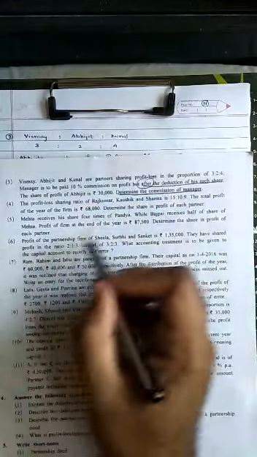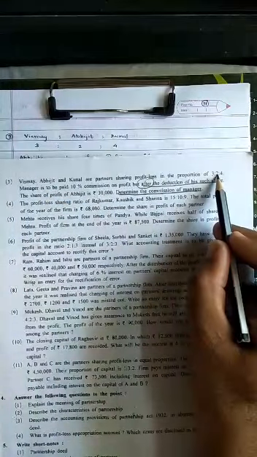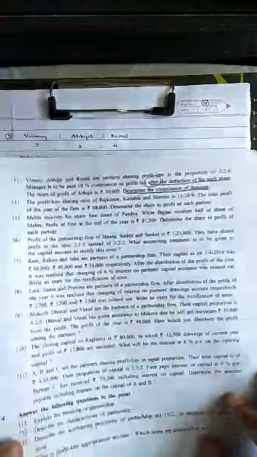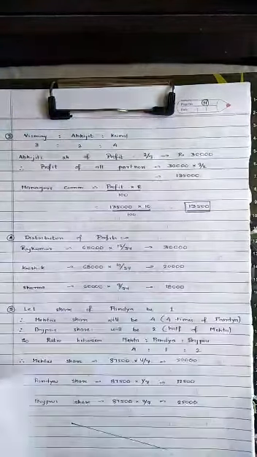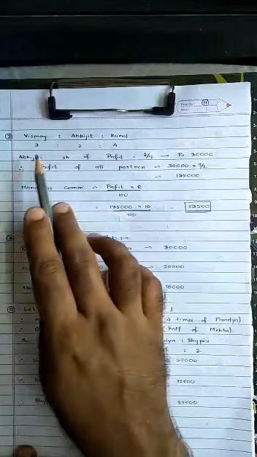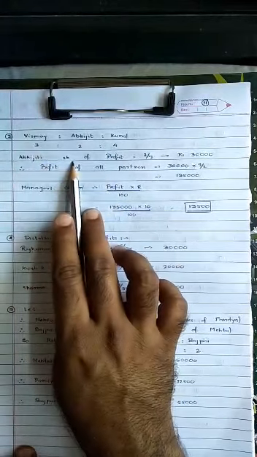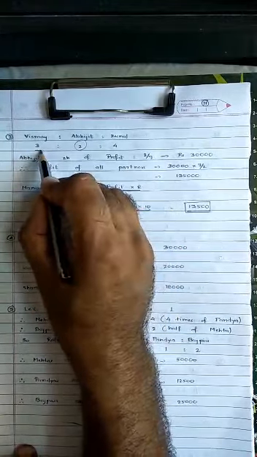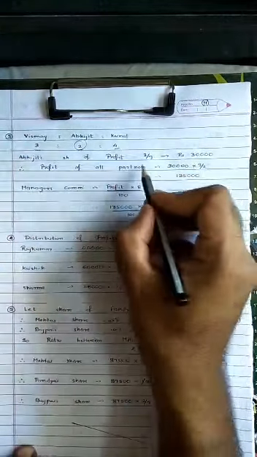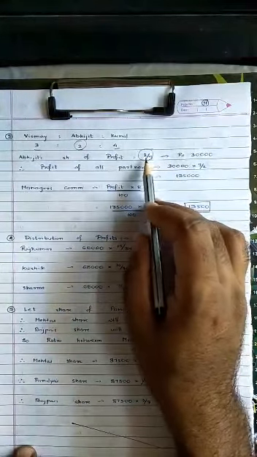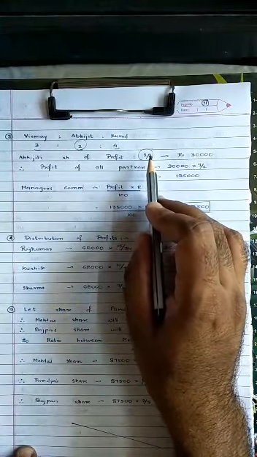So now how to calculate? We are already provided the profit sharing ratio between Vismay, Abhijit and Kunal, which is 3:2:4, and we are already provided with Abhijit's share of profit. So Abhijit's share in business is 2 divided by the total 3 plus 2 plus 4, which is 9. So 2 by 9th is Abhijit's share, and this is equal to 30,000, which is already given.